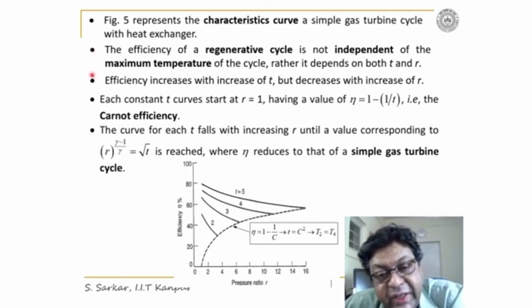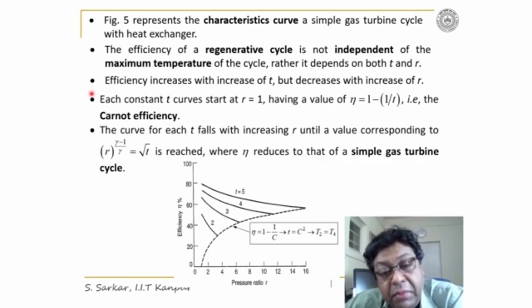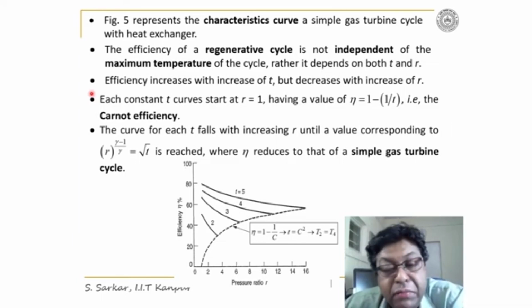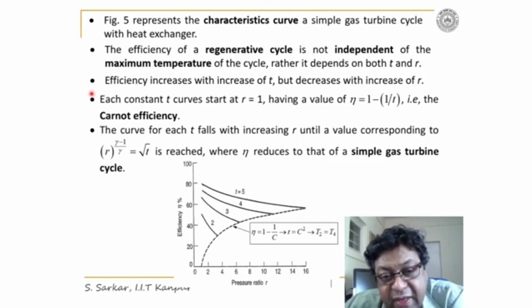Furthermore, the efficiency increases with T, but it decreases with increase of R. Now look, each constant T curve starts at R is equal to 1, having a value of efficiency equal to 1 minus 1 by T, that is the efficiency of a Carnot cycle.